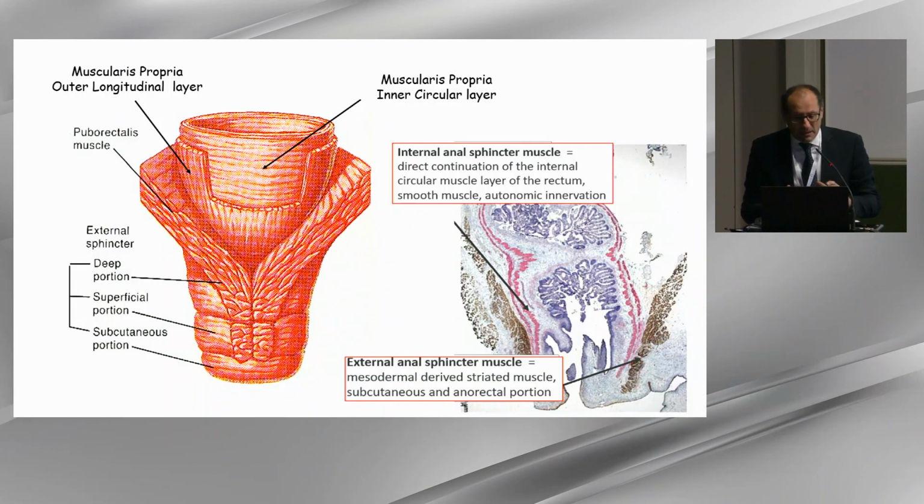And in between the external and internal sphincter, we have another muscle, the longitudinal anal muscle, that derives from the longitudinal layer of the muscularis propria.